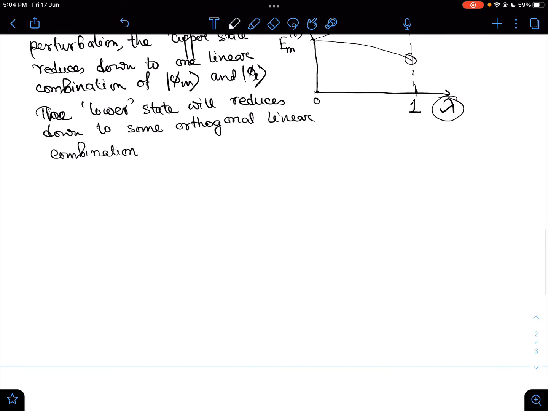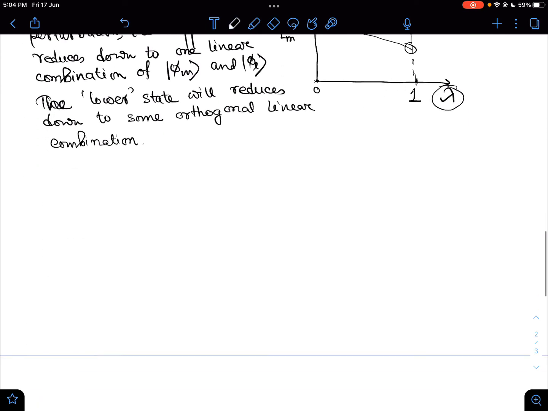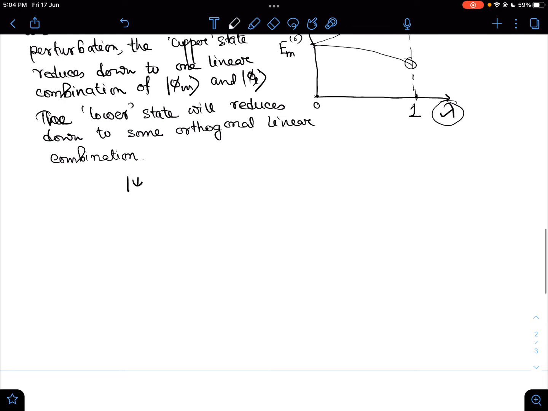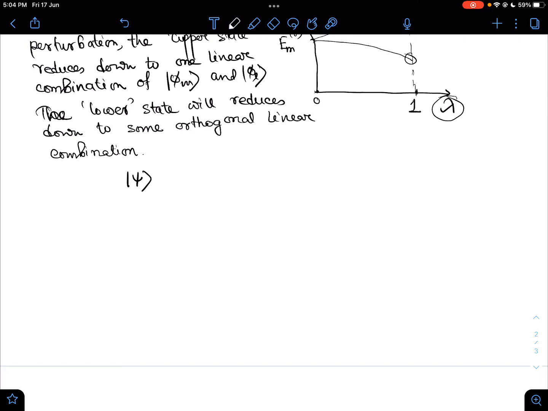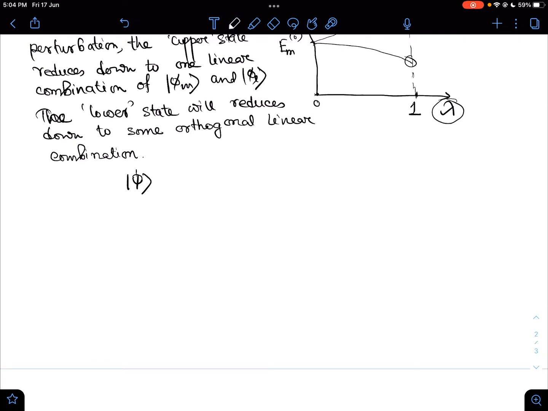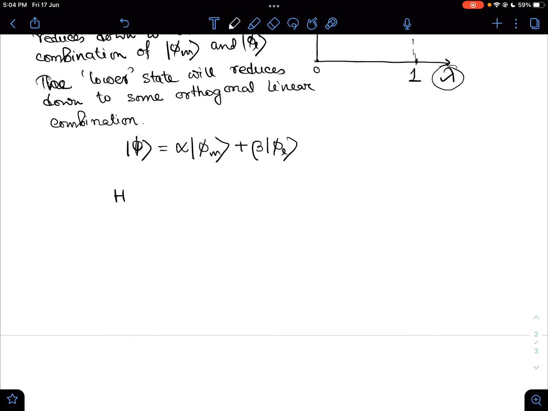So now let us just write the good linear combination as we assumed before, like this. We have our state psi to be alpha phi m plus beta phi l. Now we want to solve this equation: H acting on psi gives E psi.